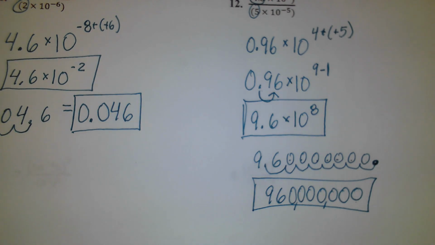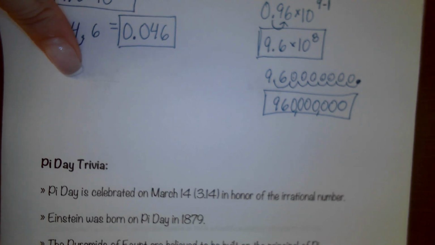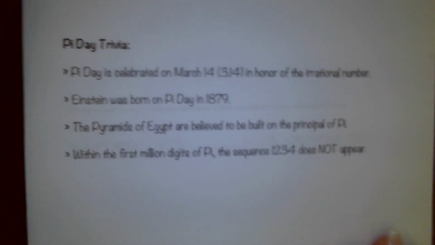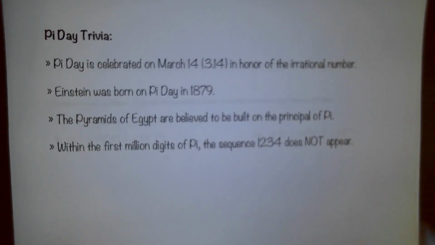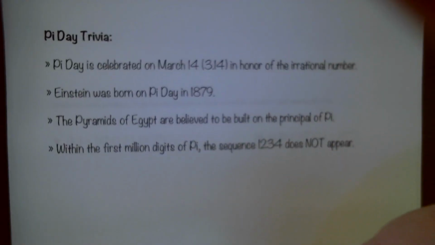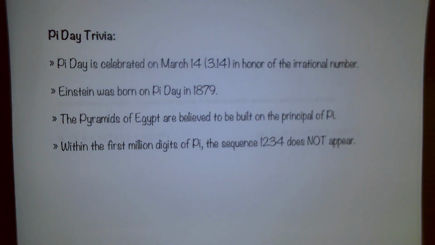All right, folks, so you've done a great job sticking with me through this review. It will pay off on your test. But before I let you go, I just want to go over a few things that may or may not come up as bonus point trivia on the test. So you're prepared. The trivia I might be asking will be about Pi Day.